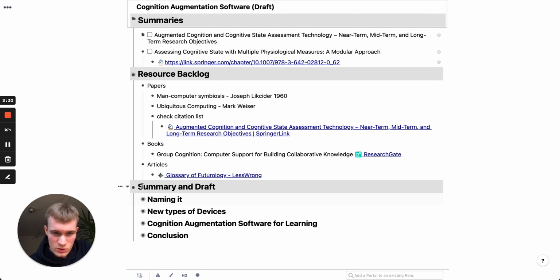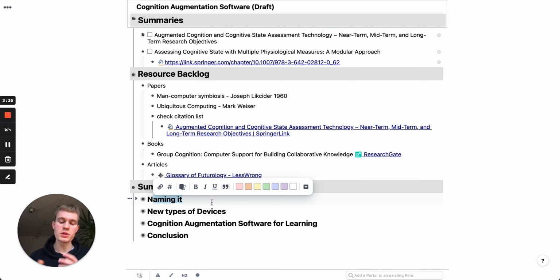And to the actual draft, I came up with a few headings of naming it, where I would analyze some different terms and how they interrelate.